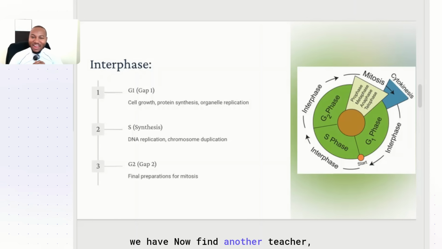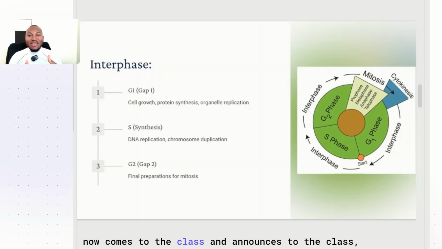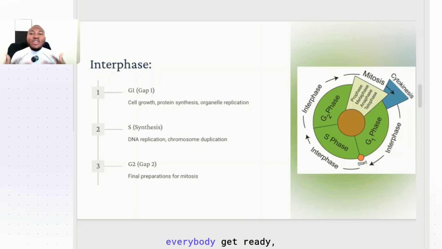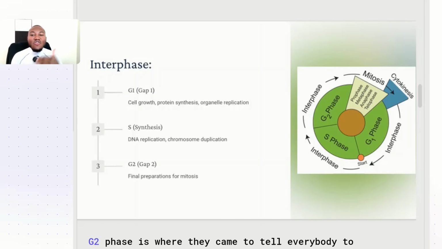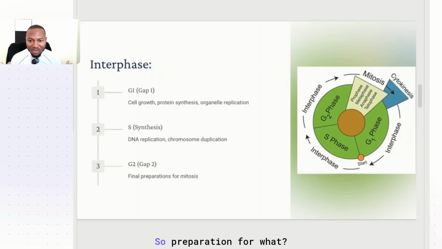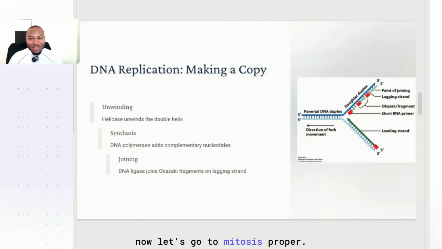We have to find another professor. Then the management comes to the class and announces, everybody get ready, prepare, we're going to break this class. That is G2 phase. So DNA replication is the S phase. G2 phase is where they came to tell everybody to prepare. Preparation for what? Mitosis. It makes sense? Okay. Now let's go to mitosis proper.